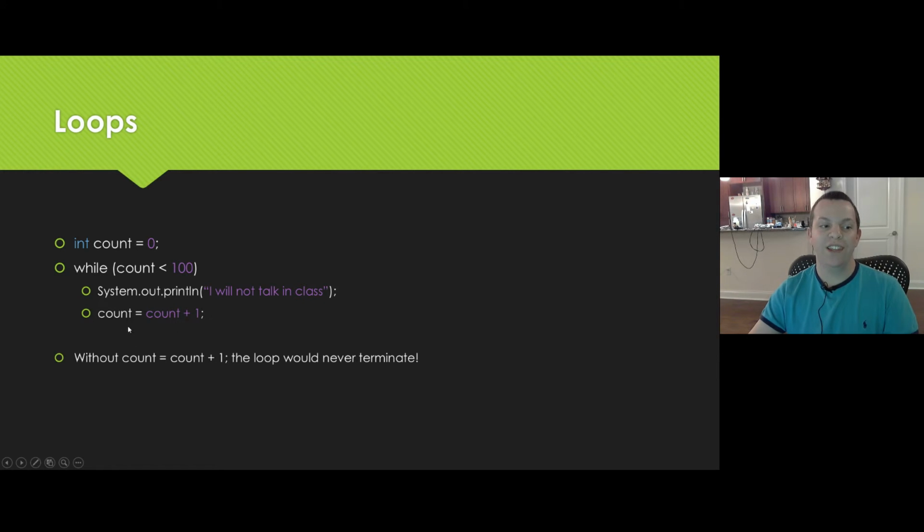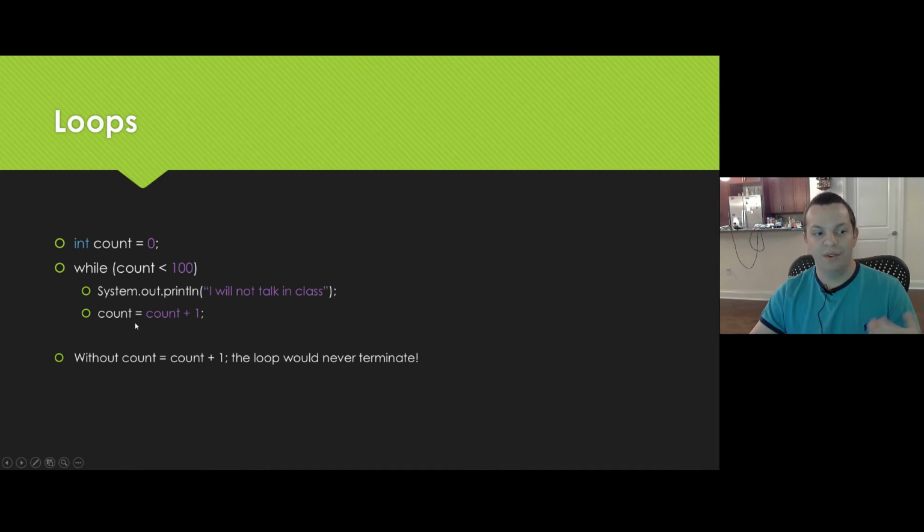So in this case, while count is less than 100, we do a System.out.println, which is the Java way of printing something to the console. We print out the string, which is another word for text. So we print out the text "I will not talk in class," and we keep doing this over and over again 100 times. How does that happen?